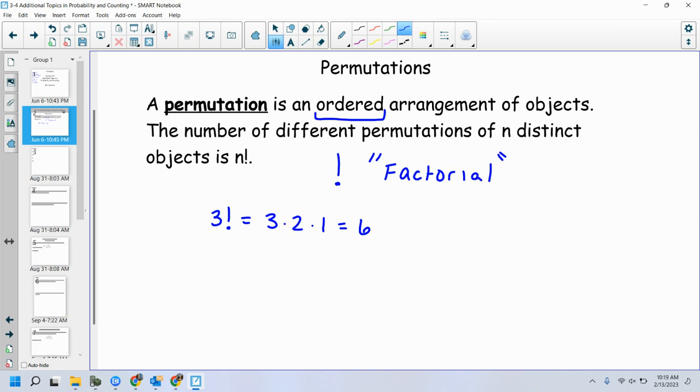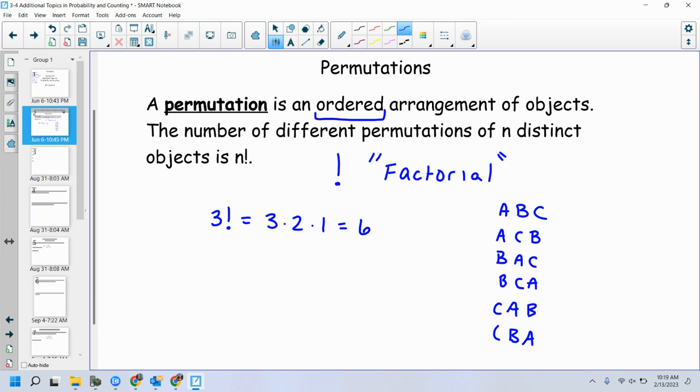Think about it this way. If I have the letters A, B, and C, there are 6 different ways to arrange the letters A, B, and C in terms of order, right? We have ABC, ACB. Let's start with B. BAC, BCA, CAB, and CBA.